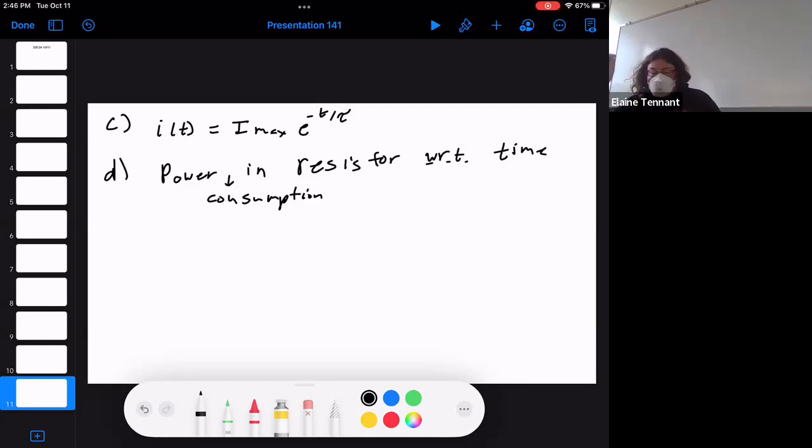Okay, next. How might we find the power consumption of the resistor? What equations do we have that include resistors and power? Power being watts.